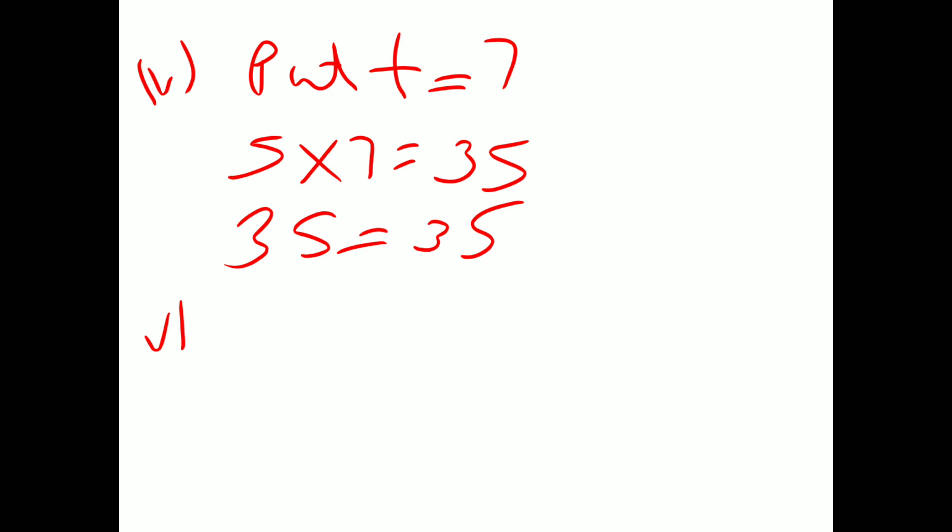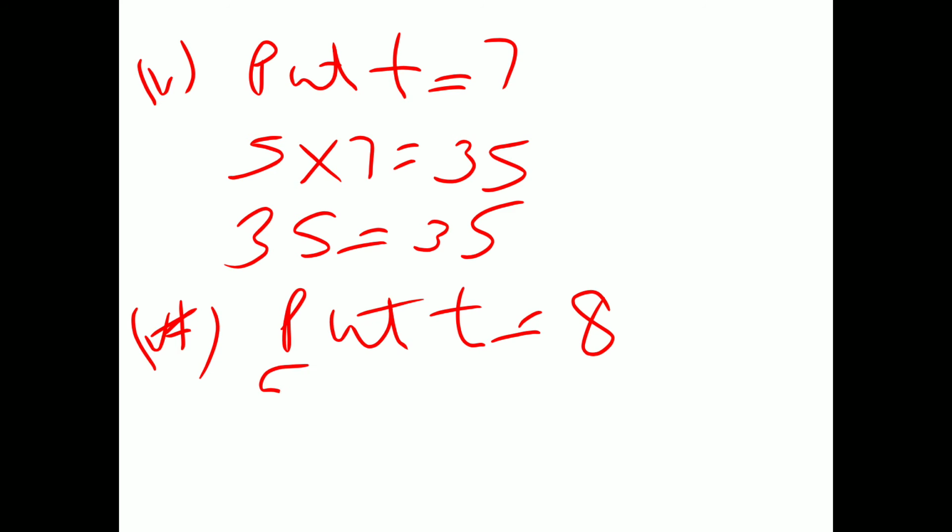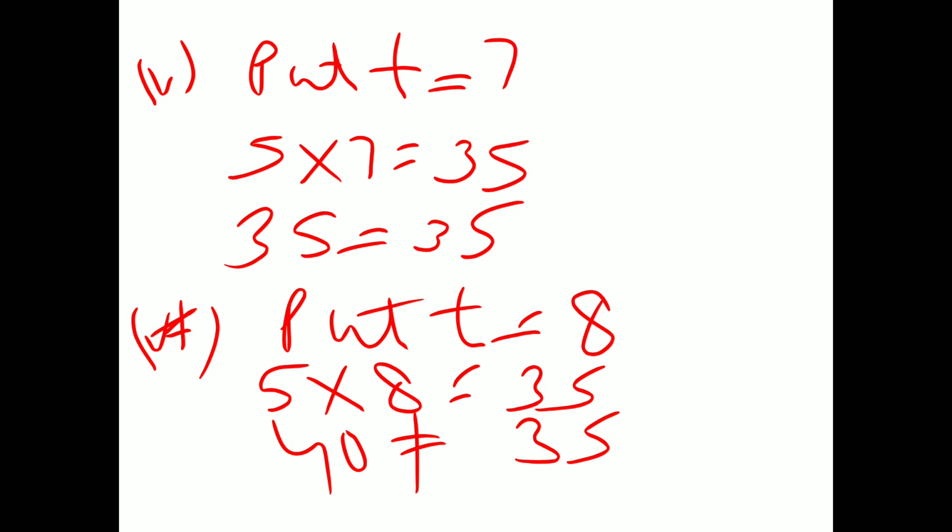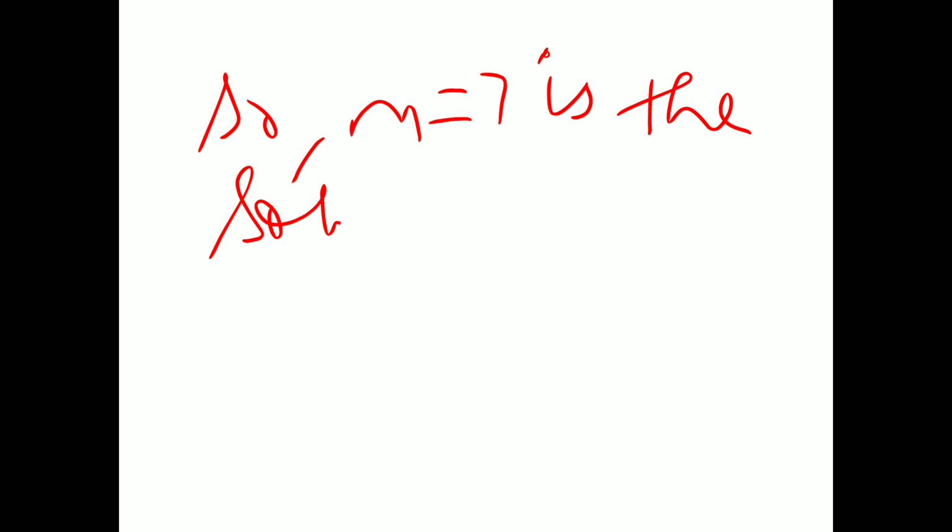Now next, firstly we write here the sixth part. All the parts you write, or at the end you write that t is equal to 7 is the solution. Now we put t is equal to 8. 5 into 8 is not equal to 35. No, it should not be equal to 35. I have done till 6. At the end you write, so t is equal to 7 is the solution. Clear?